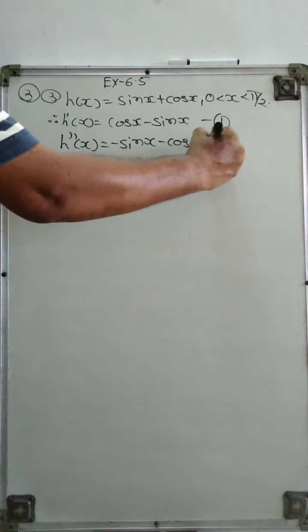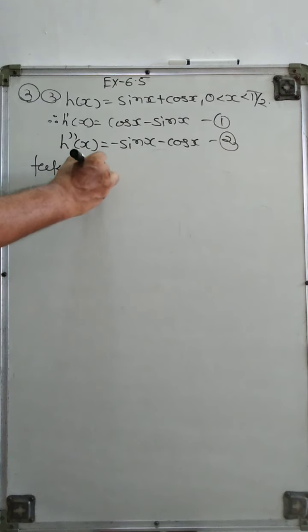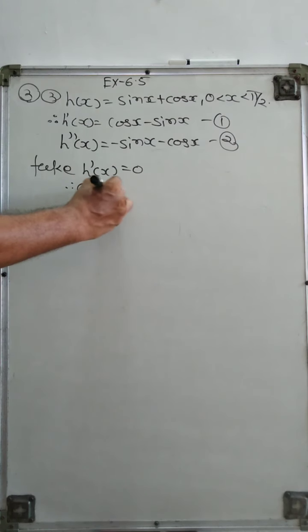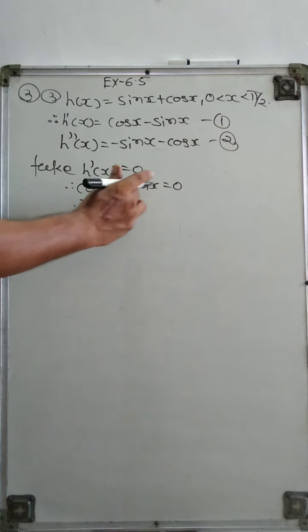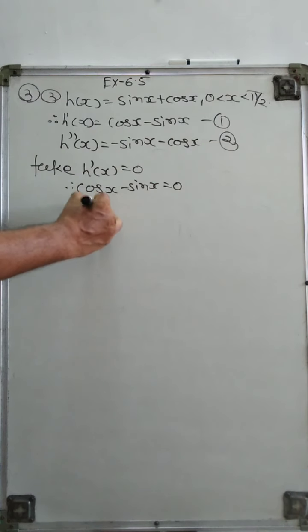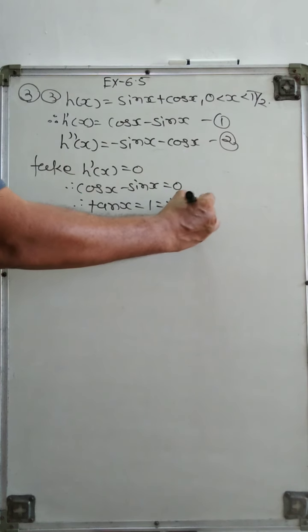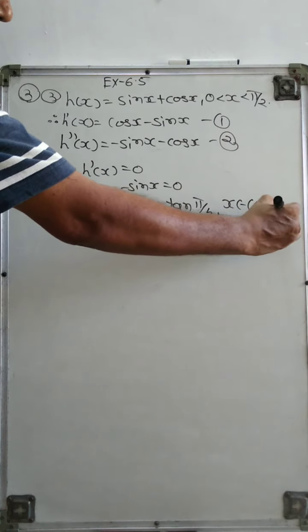This is result 1, this is result 2. Take h dash x equal to 0, means cos x minus sin x is 0, or cos x equal to sin x, means tan x equal to 1. Tan pi by 4, because x belongs to 0 to pi by 2.